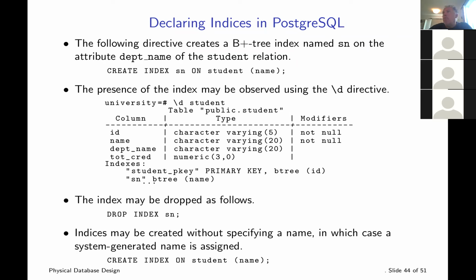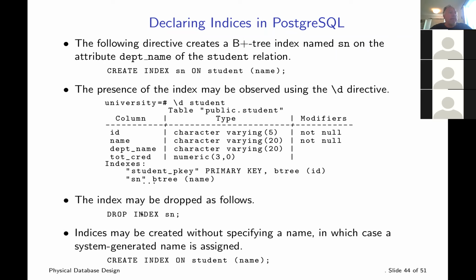Let me mute somebody here. Okay. So what this will do is build a B+ tree index over that attribute. Now, when you declare things as primary key, it's automatically building these B+ tree indexes. So it automatically does that.